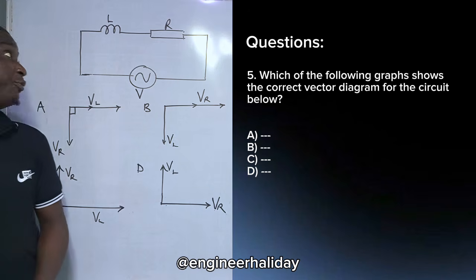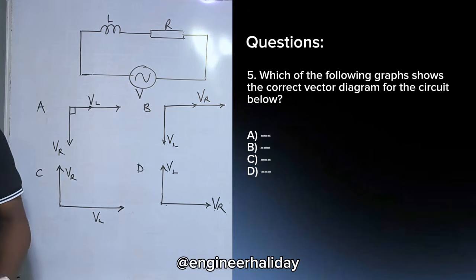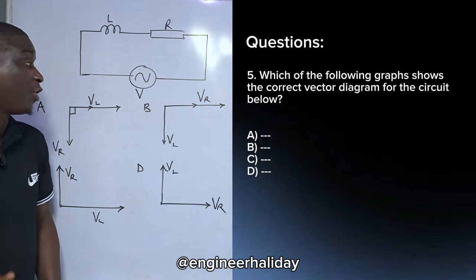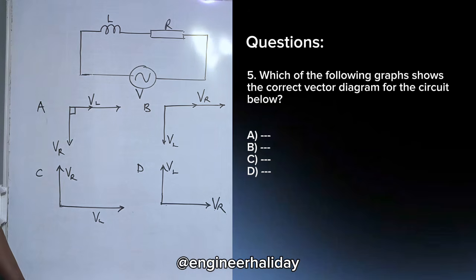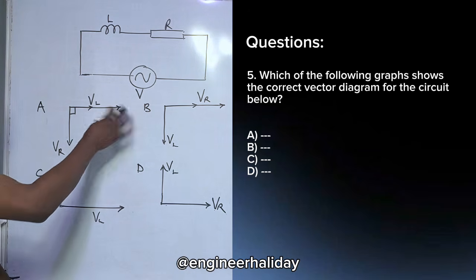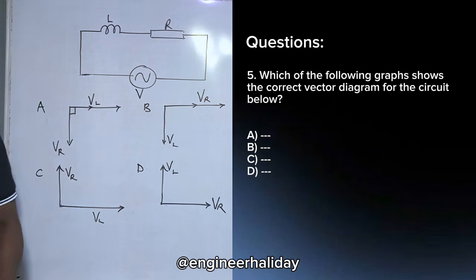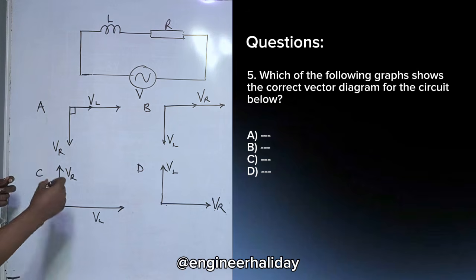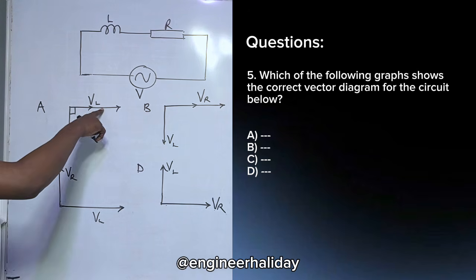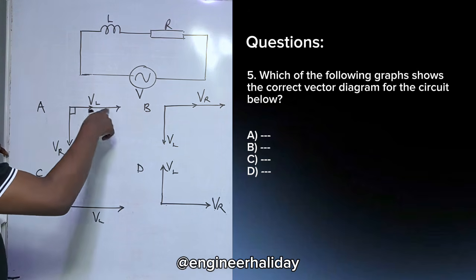Looking at the circuit carefully, you will discover that it is an RL circuit, a resistor inductor circuit. Since it's an RL circuit, what I will advise us to do is look at the vector diagram. Option A is showing a different circuit.